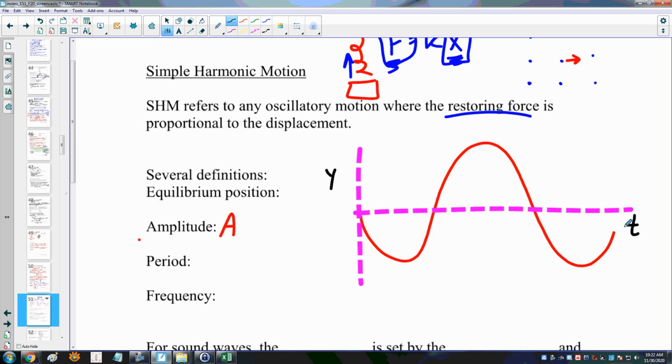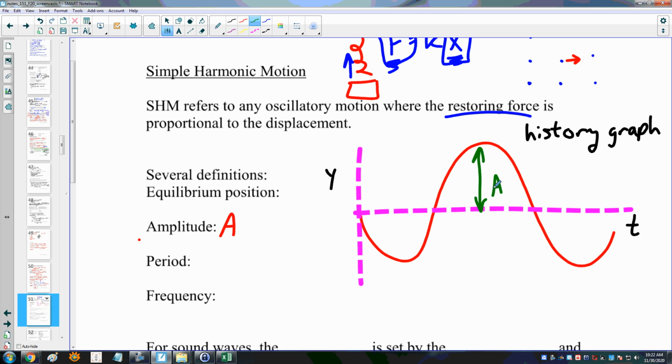So this is called a history graph. We'll see that a little bit later. History graphs show the time history of a wave. The amplitude is going to be this distance, A.